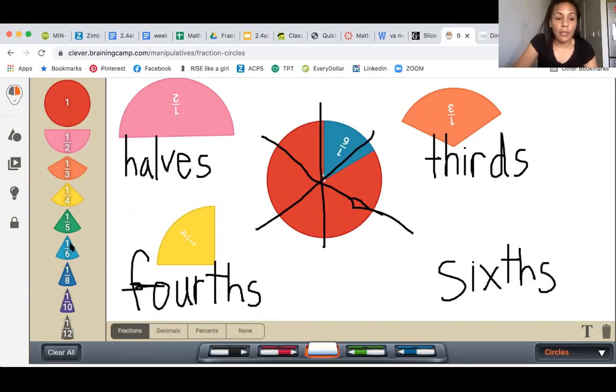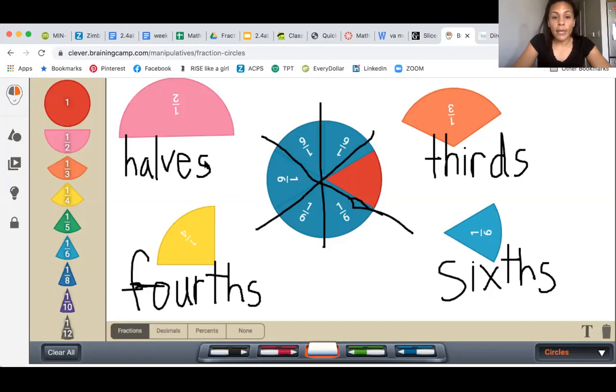There's 1, there's 2, there's 3, 4, 5, and 6. Excellent. So there are 6 6ths in this whole. I was able to fit 6 equal parts onto my whole circle. So this is what a 6th looks like.